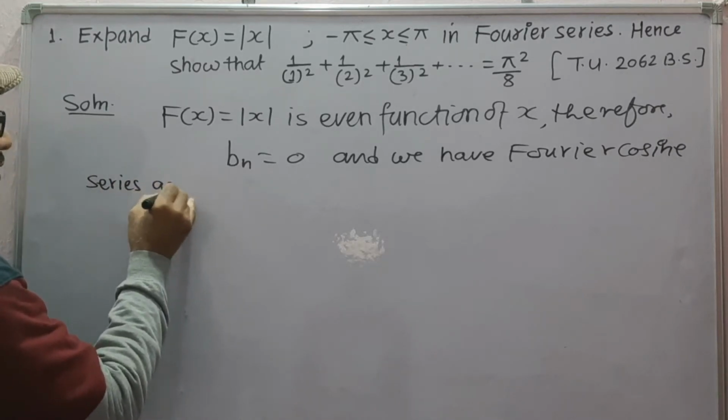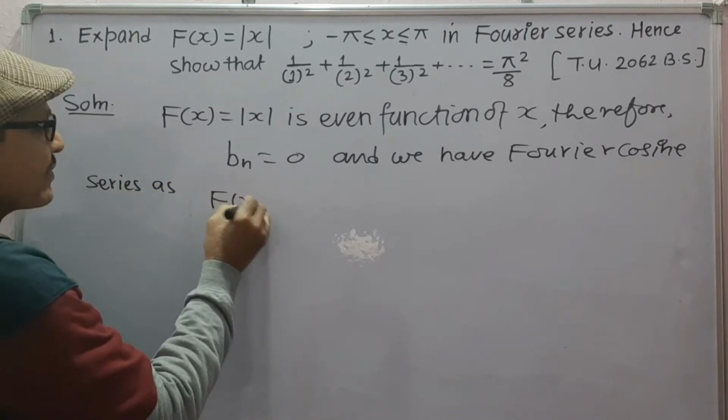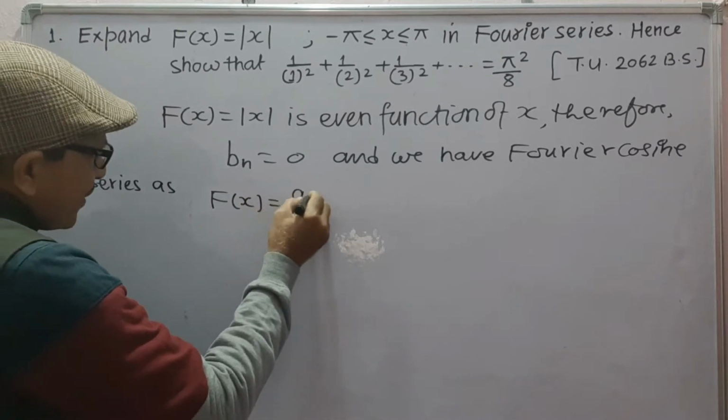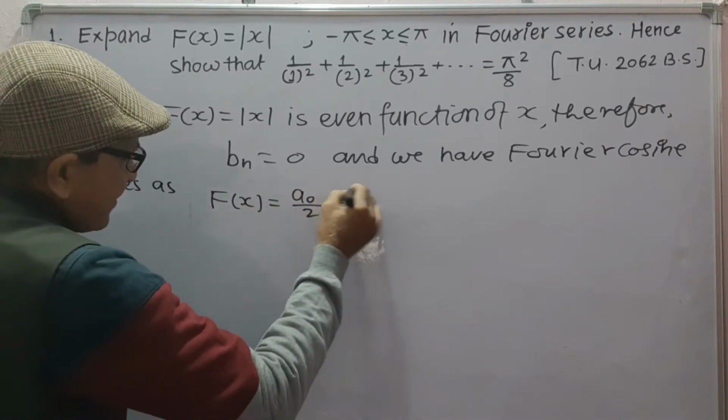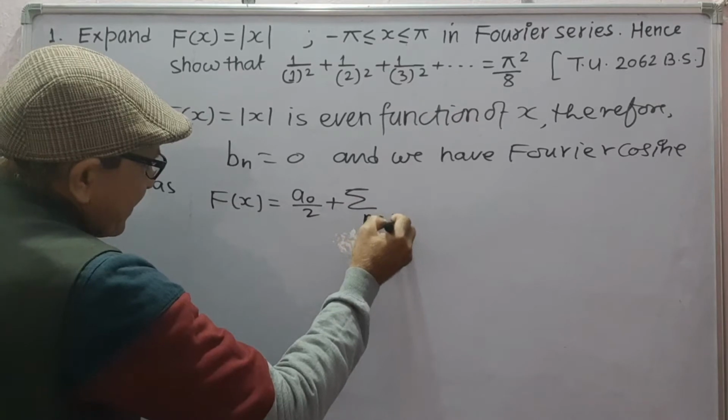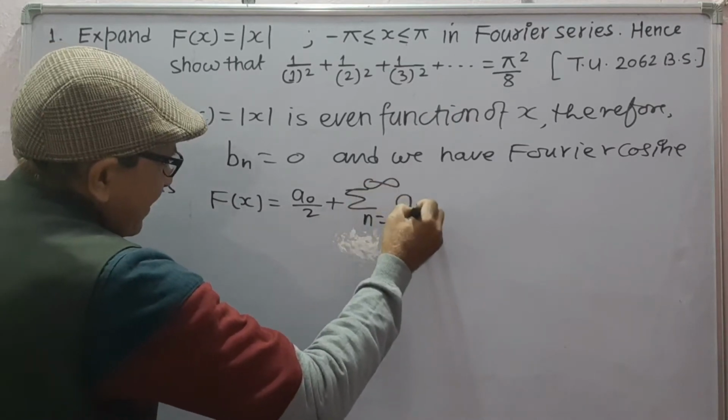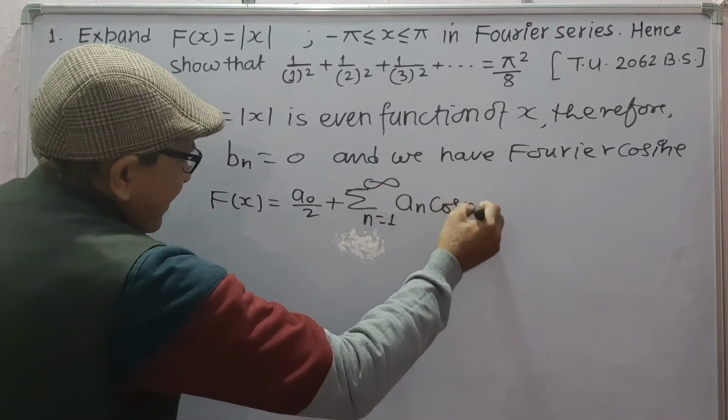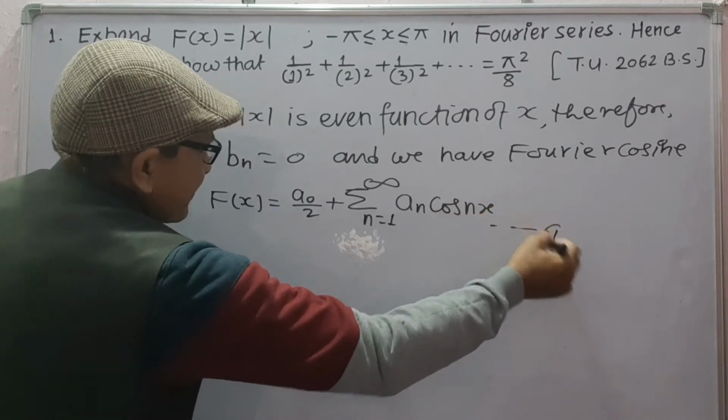As f(x) = a0/2 + summation 1 to infinity an cos nx. Suppose this is equation 1.